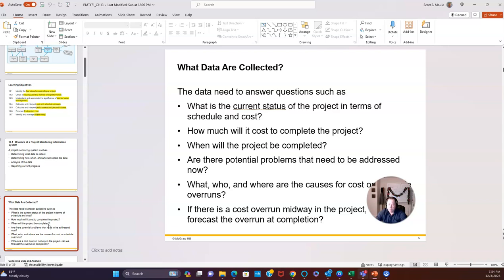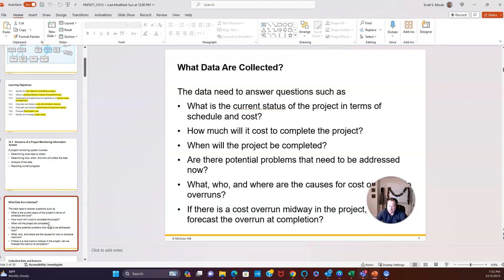When we take a look at whether a project is running behind schedule or over cost, you'll want to include the what, the who, and the where, the causes behind those overruns. That will be part of an overall status.